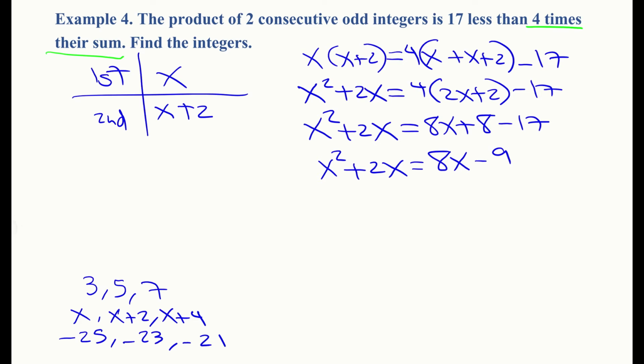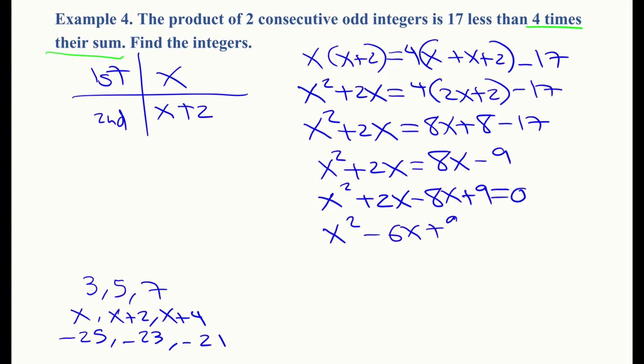We'll go ahead and move everything to one side. So x squared plus 2x minus 8x plus 9 equals 0, so x squared minus 6x plus 9 equals 0. This time we do have a perfect square trinomial, so that's only going to give us one solution, isn't it?